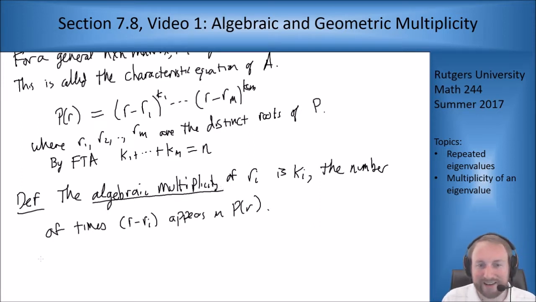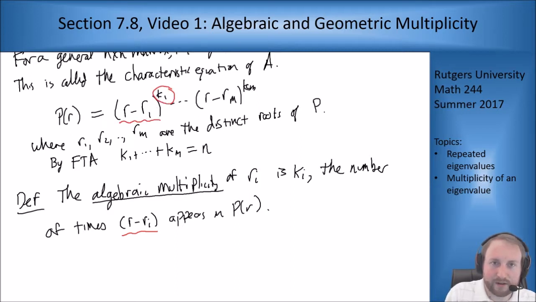Algebraic multiplicity can easily be determined from the polynomial. I look at my polynomial for this factor, see where it appears, and that number is the algebraic multiplicity. On the other hand, we cannot see geometric multiplicity from the polynomial, and it's actually the one that matters more in terms of finding solutions.